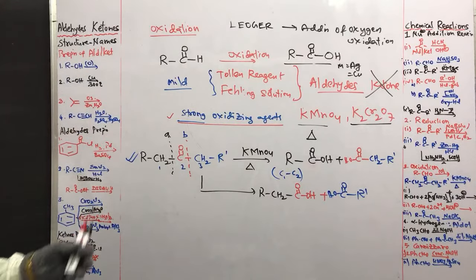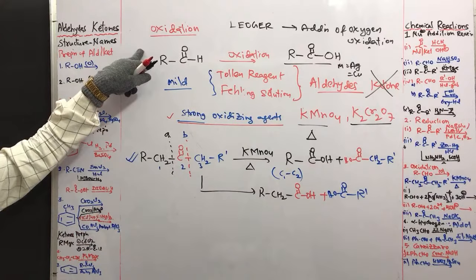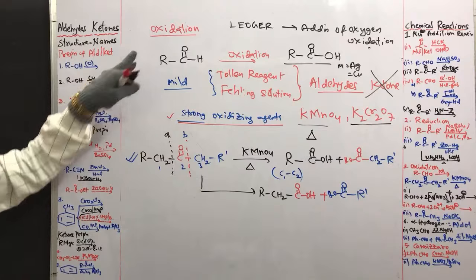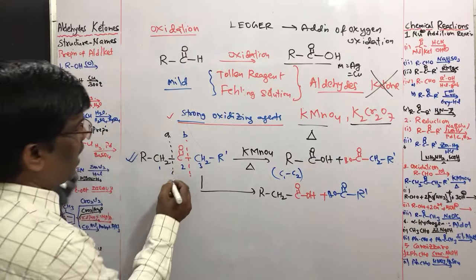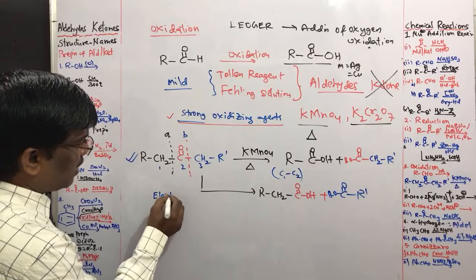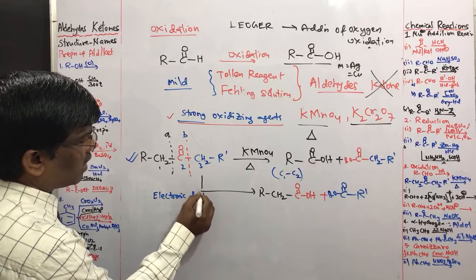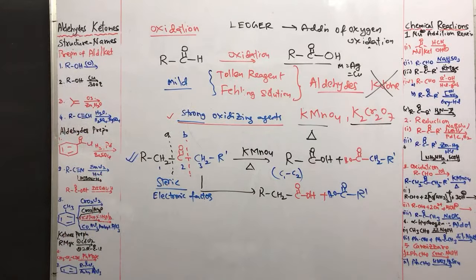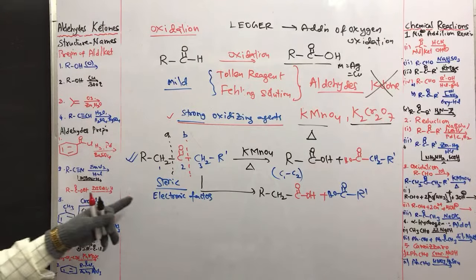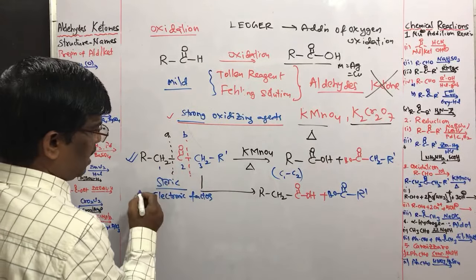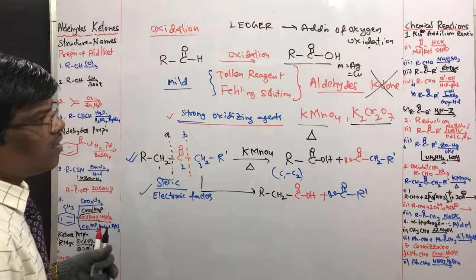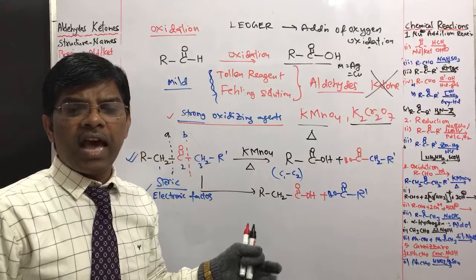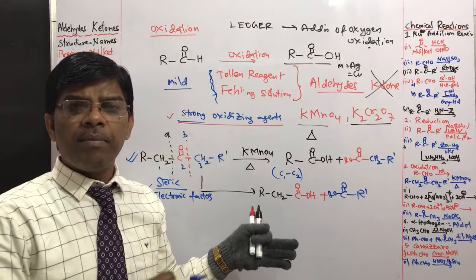Yes, students. Just now during the chemical reactions, what I said: aldehydes are highly reactive or undergo reactions easily when compared to ketones because of steric factor and electronic factors. Ketones are hindered. So Tollens reagent and Fehling's solution are the two reagents used for the identification of aldehydes from ketones.